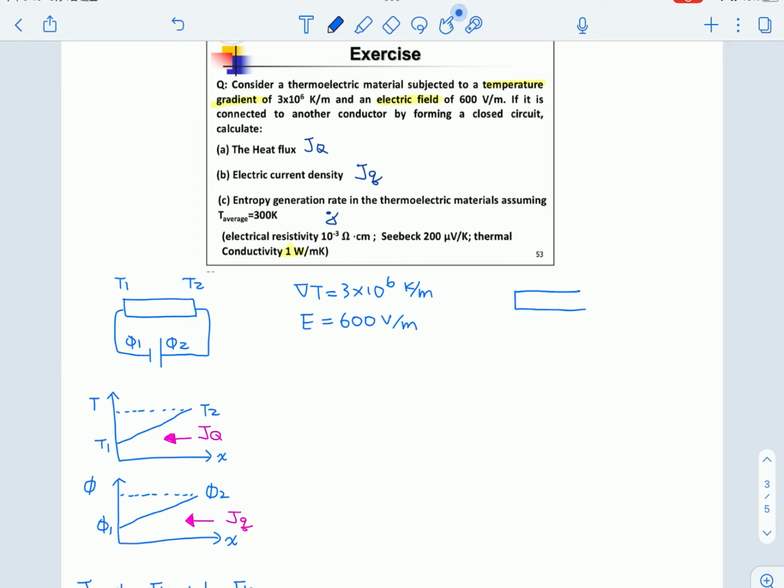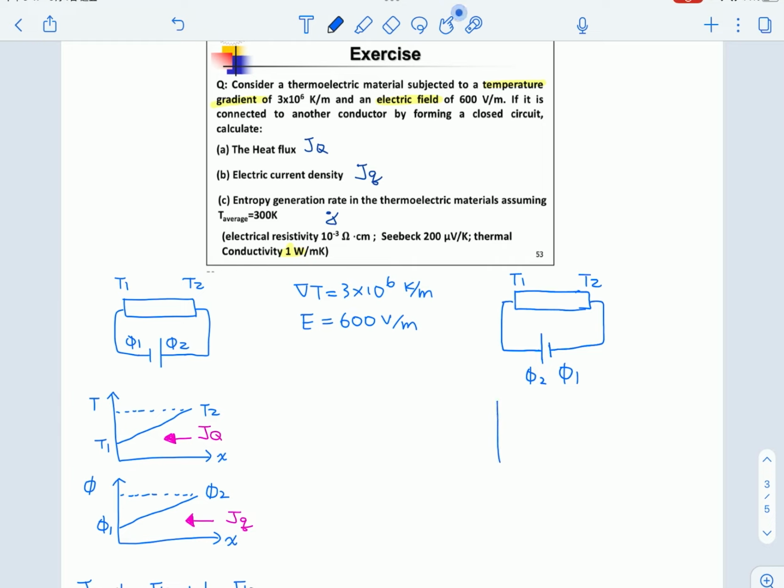Because in this question, we didn't point out the direction of the electrical field you apply on this system. So how about we switch the direction? For example, it's like this.